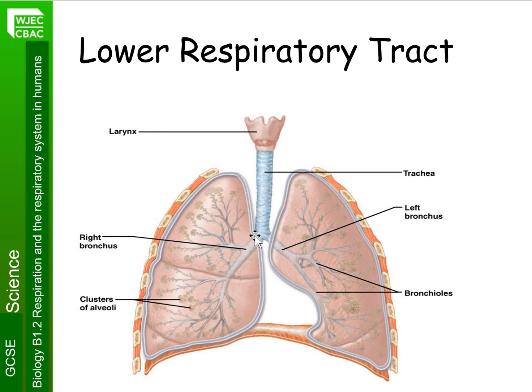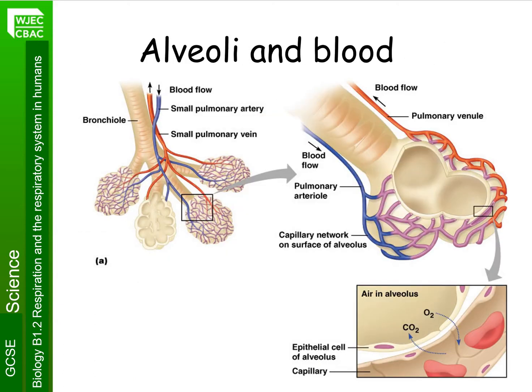It splits, it might go left or it might go right to the bronchi, left or right bronchus. It splits even further to the bronchioles. It ends up at the ends of the alveoli, and then we have it actually exchanging the oxygen going into the blood and being picked up by the red blood cells and exchanging with the carbon dioxide. So that is your last task for today.